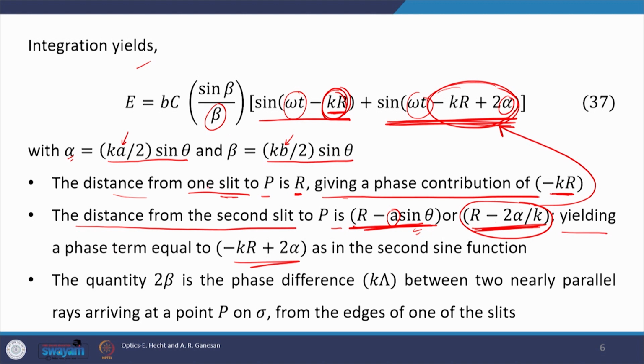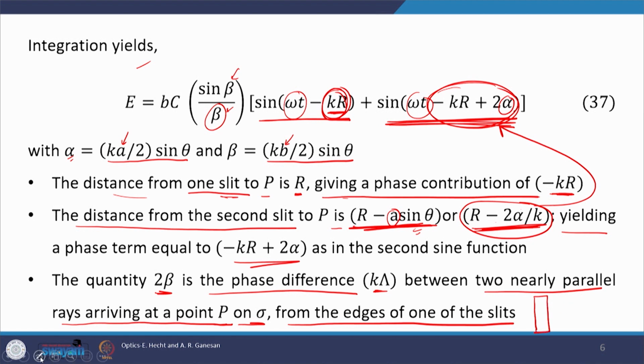Now, we also have the quantity beta in the expression. The quantity 2 beta is the phase difference k into capital lambda between the two nearly parallel rays arriving at point P on the screen from the edges of one of the slits. This point says that suppose this is one of the slits. Now, let us pick a different color.